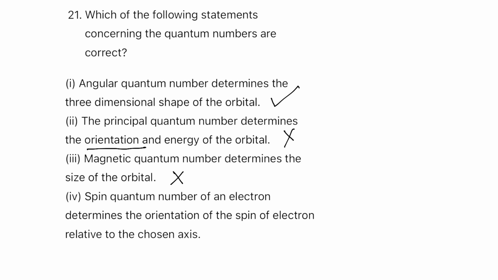Then 2p: for p, l is 1, so 2 plus 1, 3. Now what do you have to check? If the n plus l values are the same, the one which has the lower n value will have lesser energy.